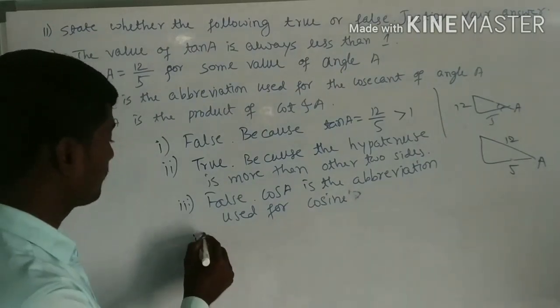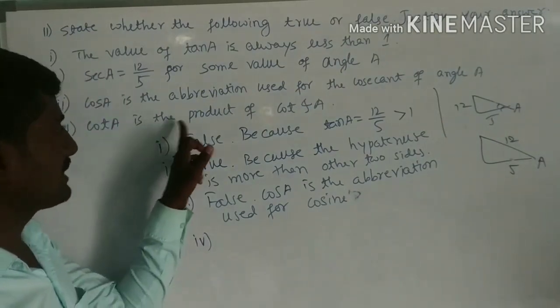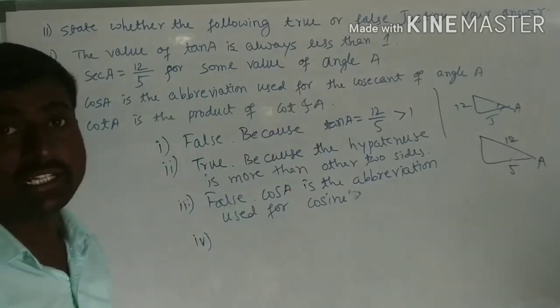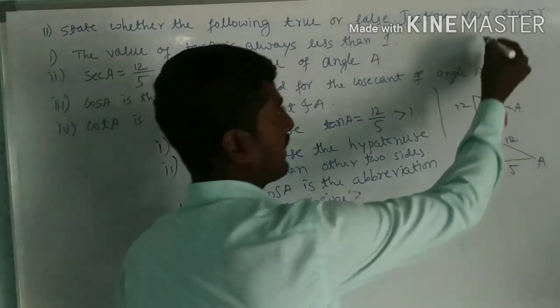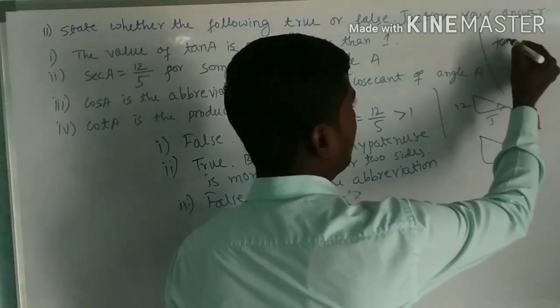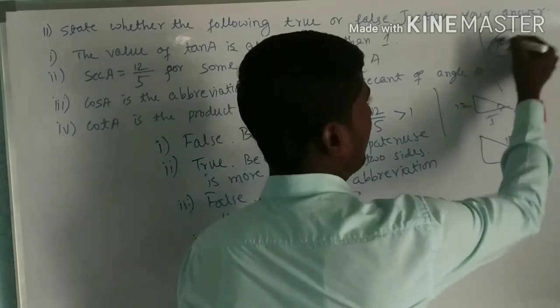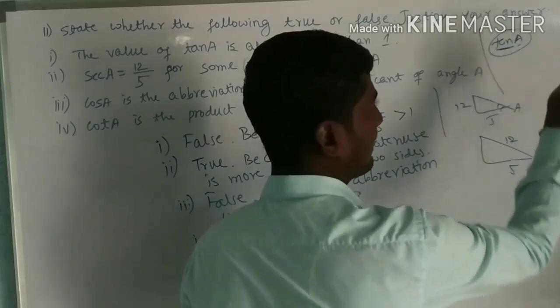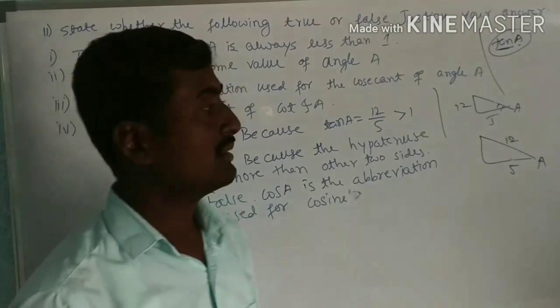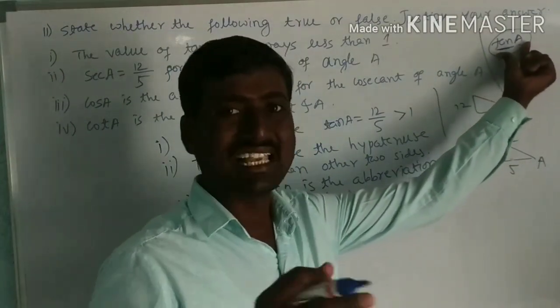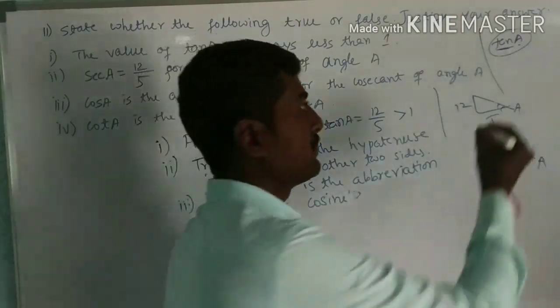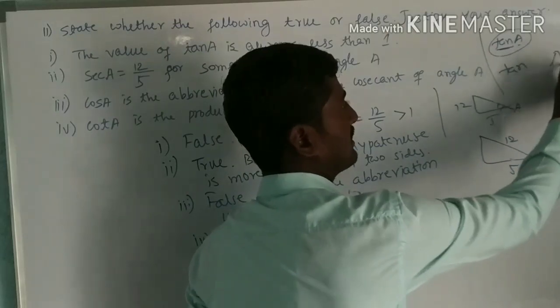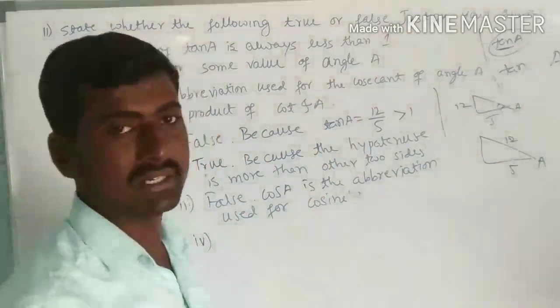Then fourth one, cot A is the product of cot and A. It is false. If I take tan A, tan A is one term, it is not separated. Tan and A are in a single word. It is tan A. We cannot split tan and A. I cannot split it.